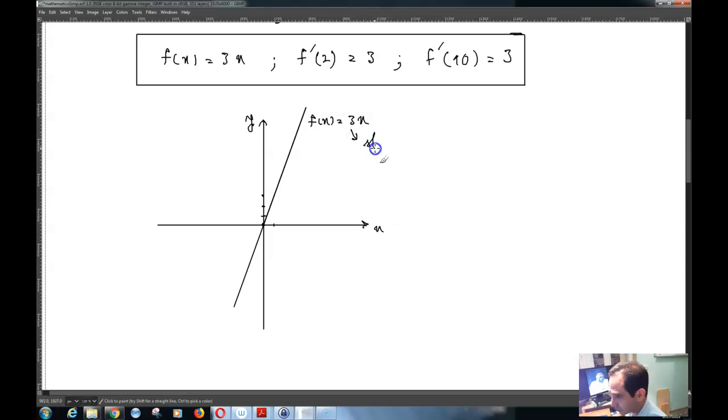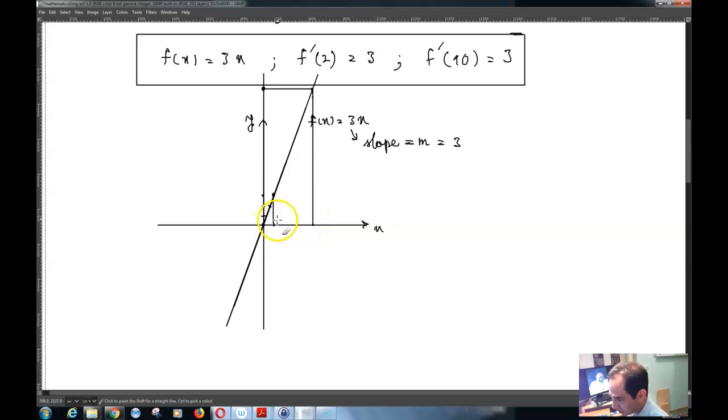You know that the slope of this line, m, is equal to 3. At any point on this line, the slope is equal to 3, because it doesn't really matter which points you take. Let's say you take some point over here and some point over here, and let's say that this is the y-axis.